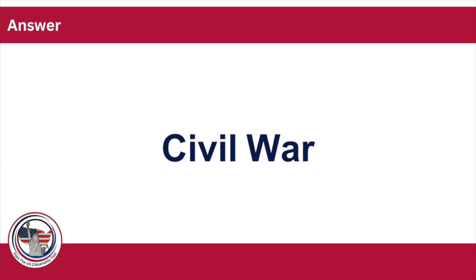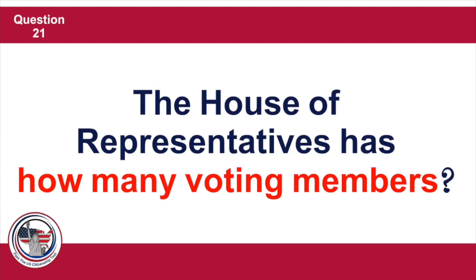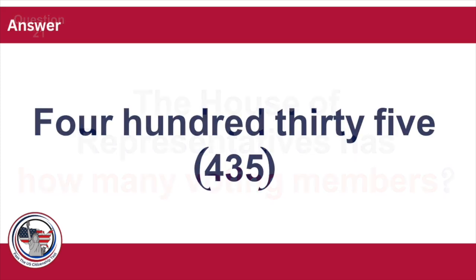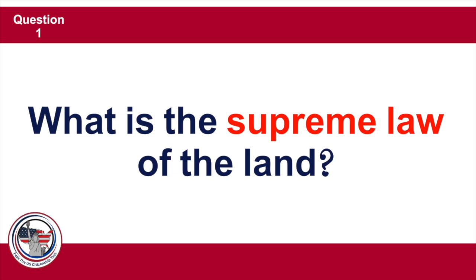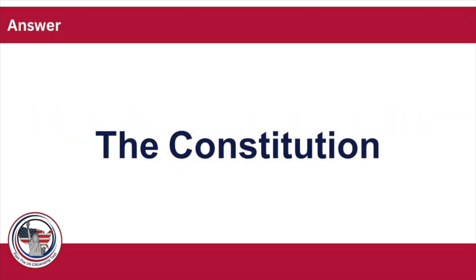Civil War. The House of Representatives has how many voting members? 435. What is the supreme law of the land? The Constitution.